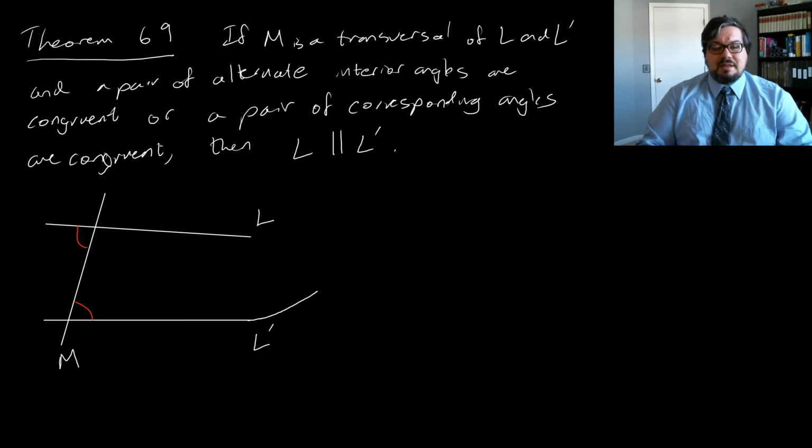Once again, the strategy to this is to assume that they're not. Assume that they actually do intersect somewhere over here. Now, if we do that, let me give some names to some of these points. If we do that, then notice that we have a triangle PQR. It doesn't look like a triangle, of course, because I've had to curve the lines to make our impossible situation happen on the page.